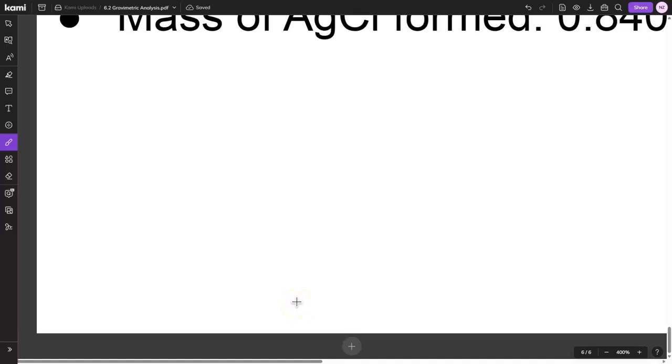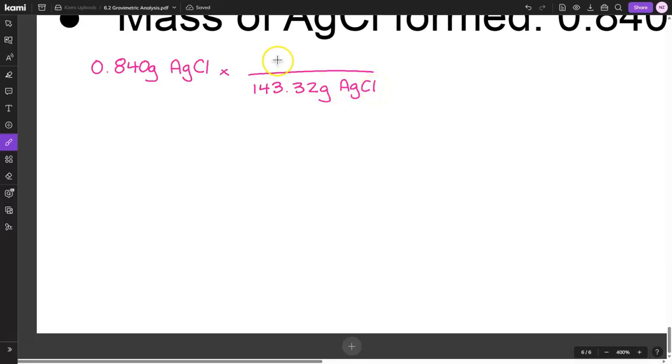So let's convert that into moles. And silver chloride, I've already figured out the molar mass. It's 143.32 grams. That's how many grams are in 1 mole of silver chloride. So when I plug that into my calculator, I get 0.00586, sorry, moles of silver chloride.